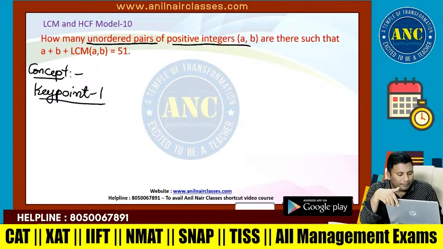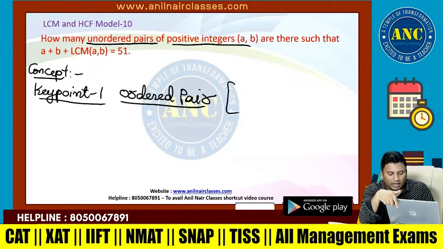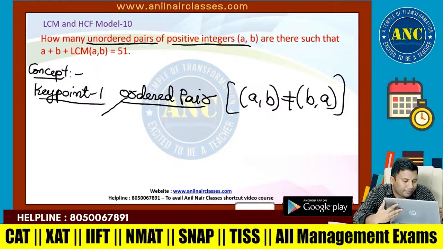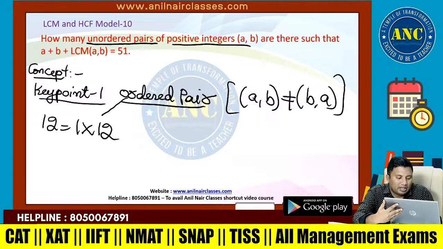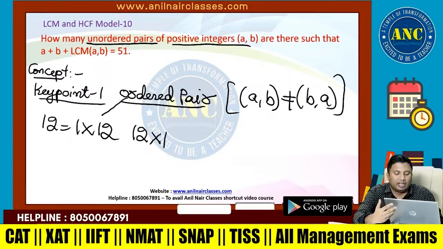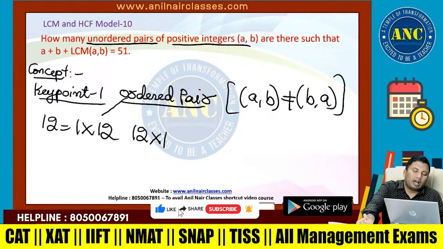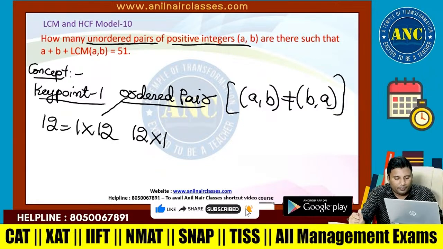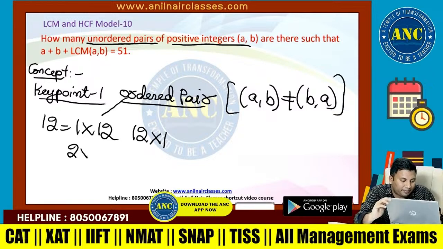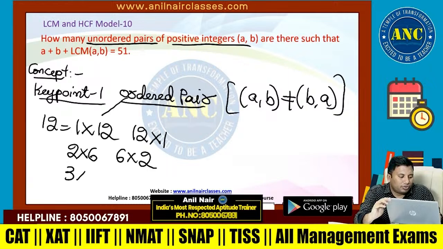Key point 1. Ordered pair. What is an ordered pair? If 12 is there, 1 into 12 and 12 into 1 are both different. A comma B and B comma A are not the same. That means we have to take two cases here: 2 into 6 and 6 into 2, 3 into 4 and 4 into 3.